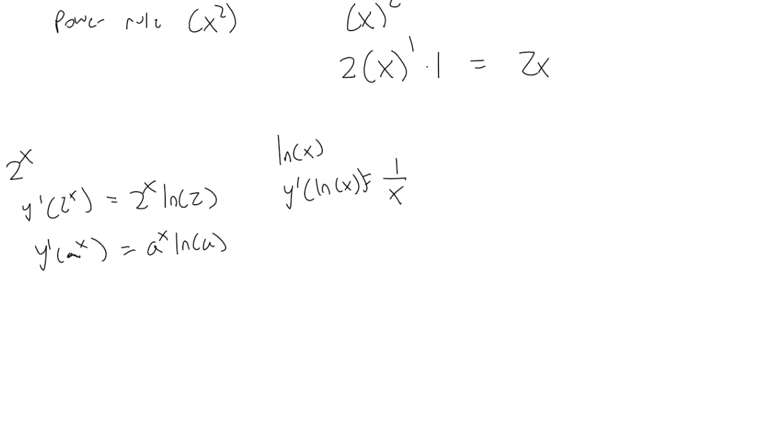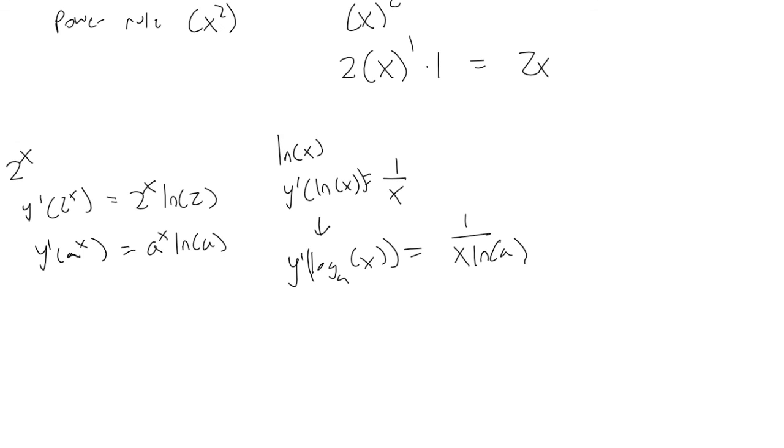And in fact, we can even generalize the statement further to say that for any log base a of x, we can write the derivative as 1 over x times the natural log of the base, which is a. And so for the natural log example, the base is e, ln of e is 1, so there you go.